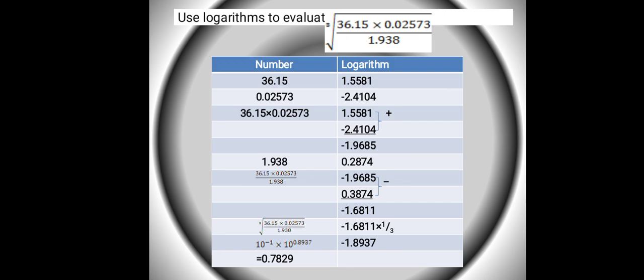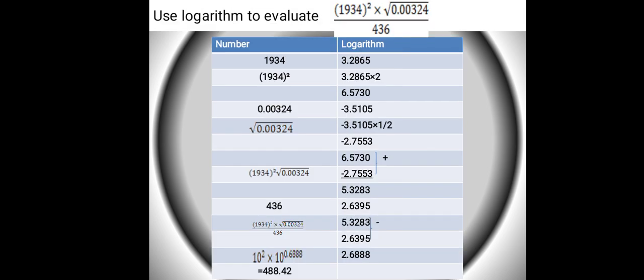To get the cube root of the result, we multiply by a third, we get 1.8937. Now let's get the antilogarithm of that logarithm. It is 0.7829, and that's our answer.